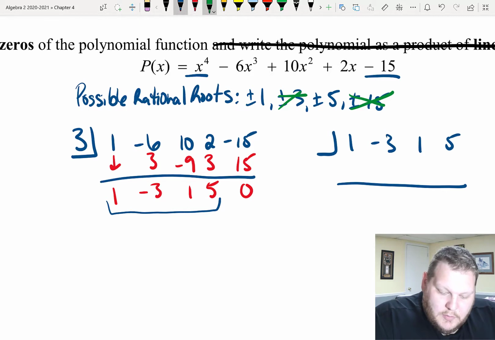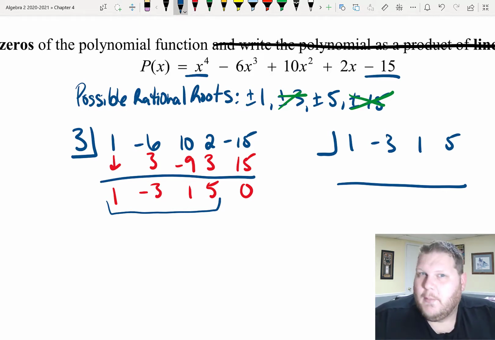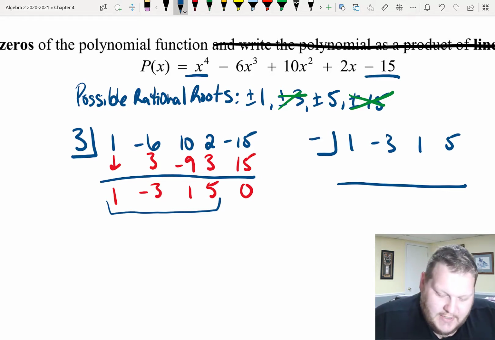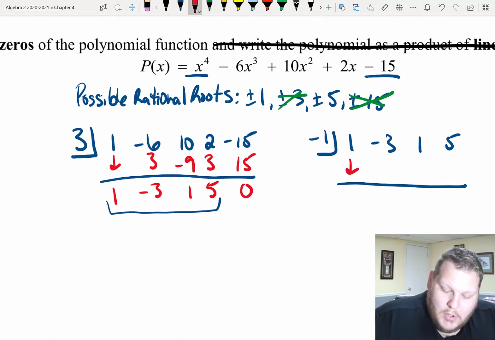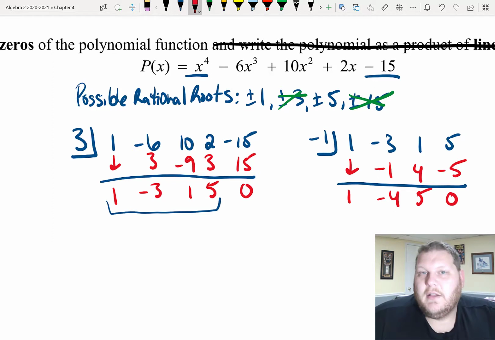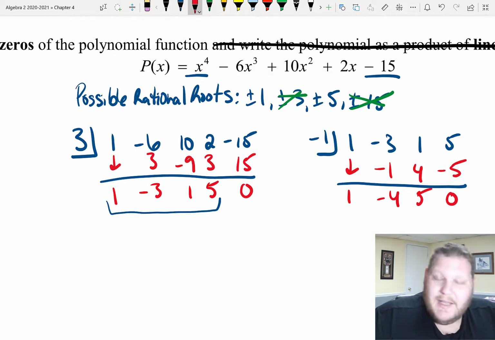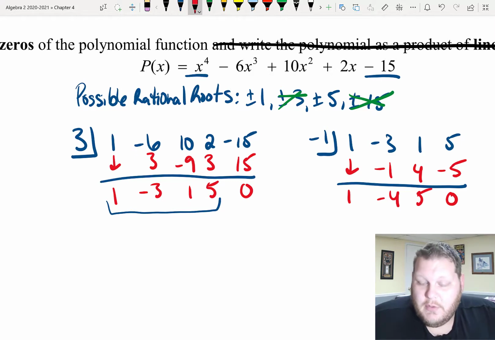I'm going to randomly check negative 1. Positive 1 here, multiply to get negative 1, adds up to negative 4, multiplies to positive 4, adds up to 5, multiplies to negative 5, and adds to 0. Hey, look, 0. We're happy with 0. So far, 3 and negative 1 are two roots that we know of.